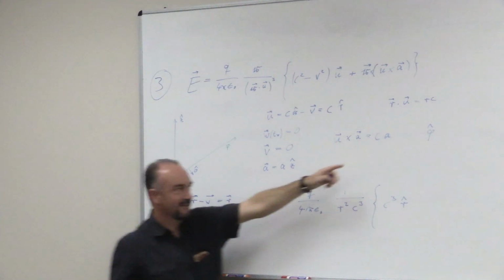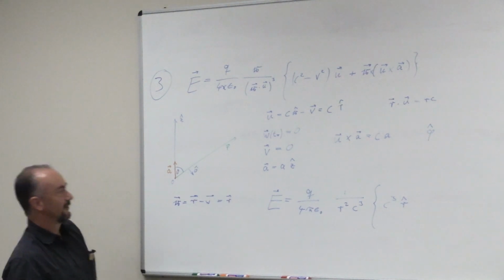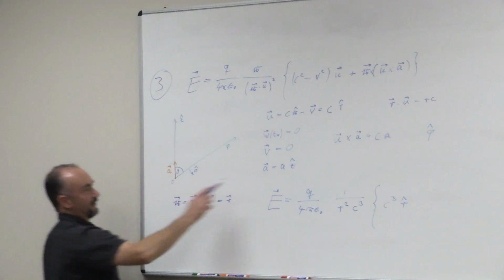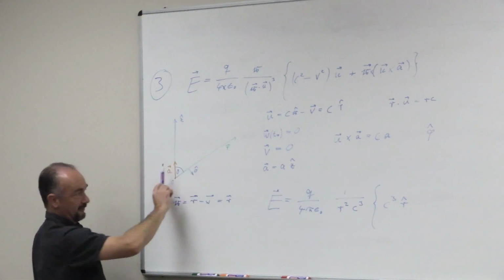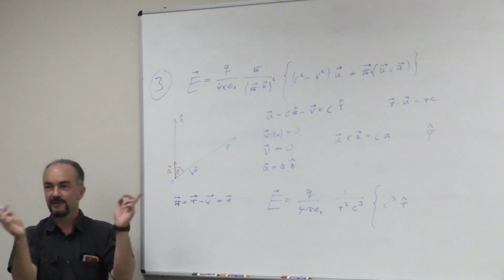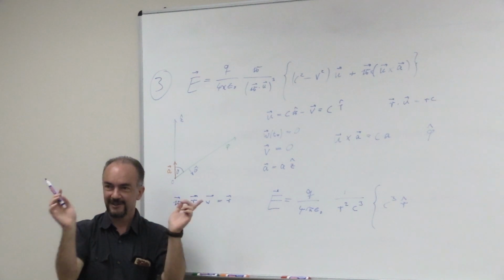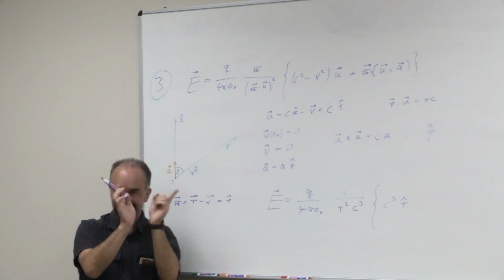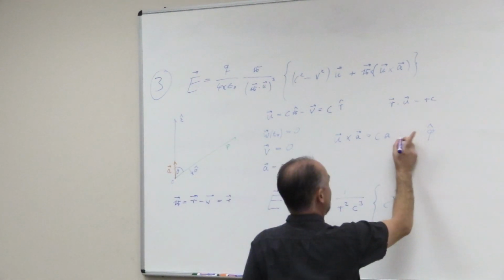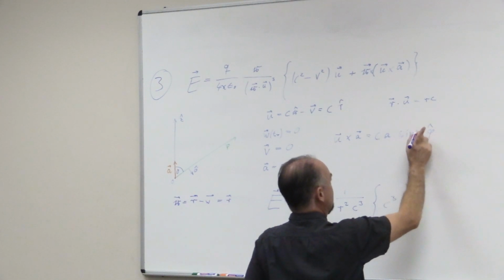What vector is missing here? C is the length of u, A is the length of A. The cross product has sine, cosine is the dot product. Right? So that's the sine theta.